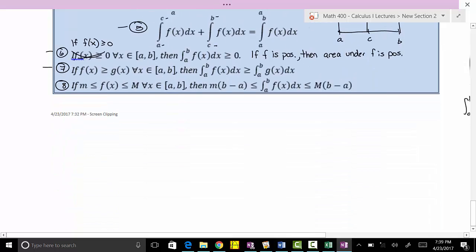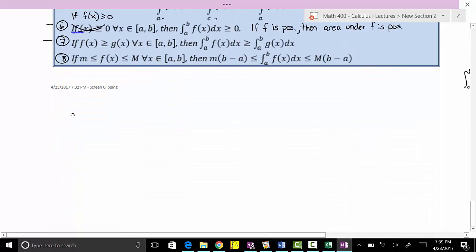Let's talk about 1. Suppose you have an integral from b to a of f of x dx. Well, that means that here's a and here's b. It means you're going the wrong direction. It's really what it means, right?